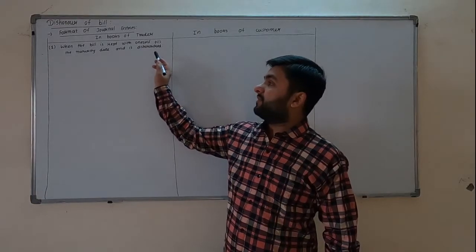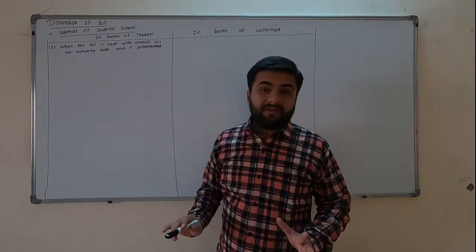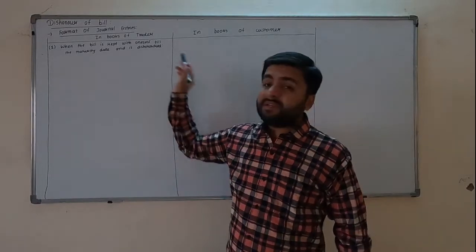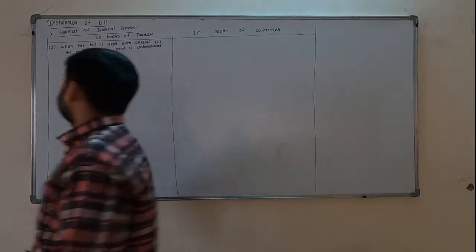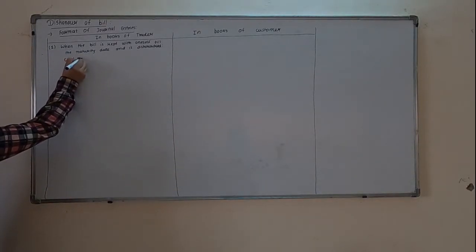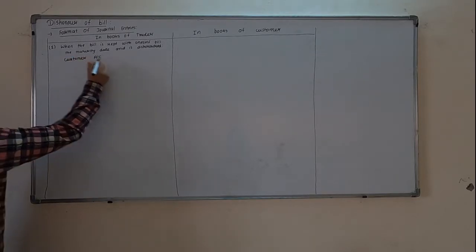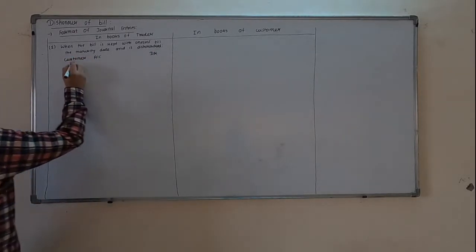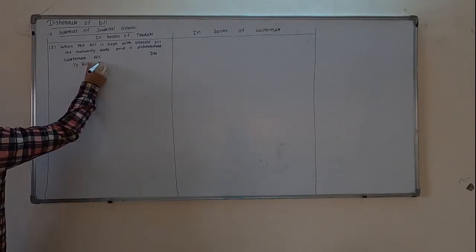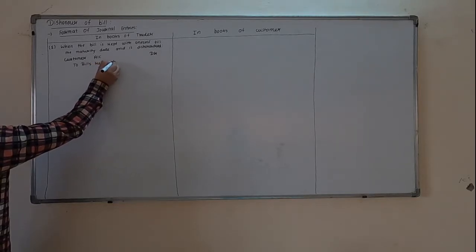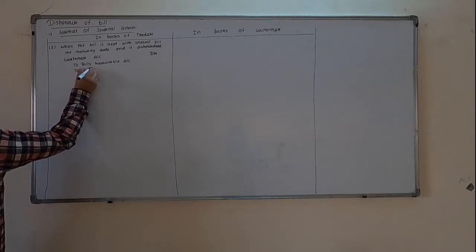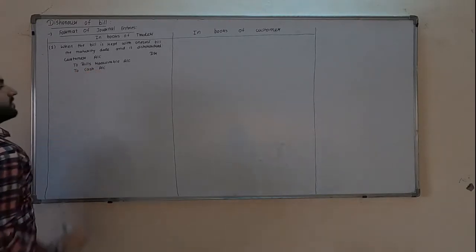So when the bill is kept with oneself till the maturity date, in normal circumstances the amount will be received, but here the amount is not received and the bill is dishonored. Now what to do? The entry will be customer account debit to bills receivable account and to cash account.